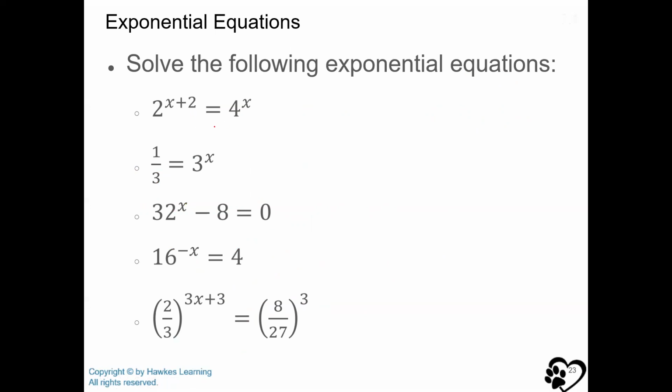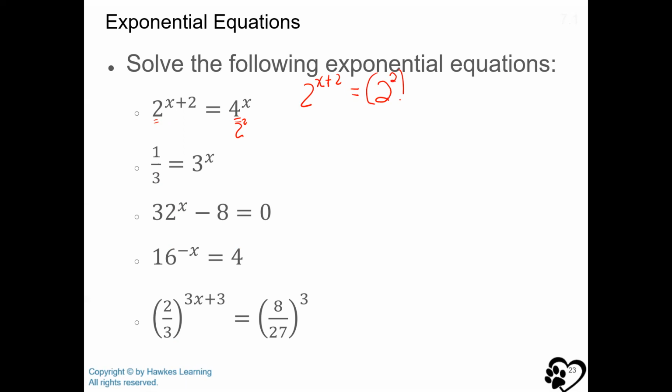All right, so our goal is to make the bases the same, right? So can I write 4 as 2 to a power? Yes, I can, because 4 is the same thing as 2 squared, isn't it? So 2 raised to the x plus 2 is equal to 4, which is 2 squared, to the x.